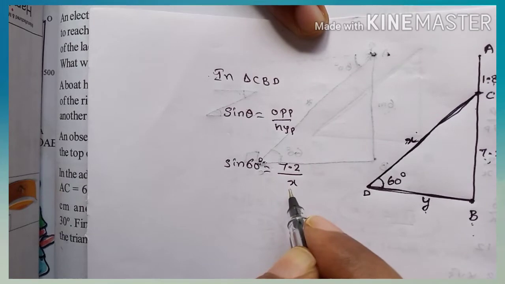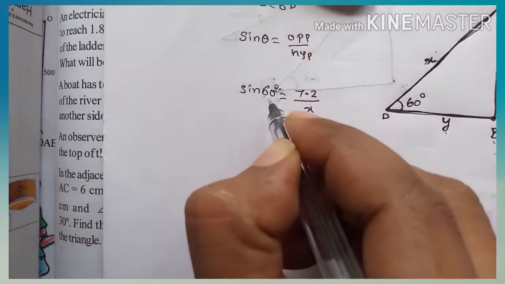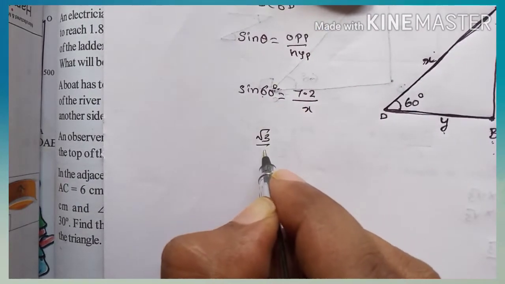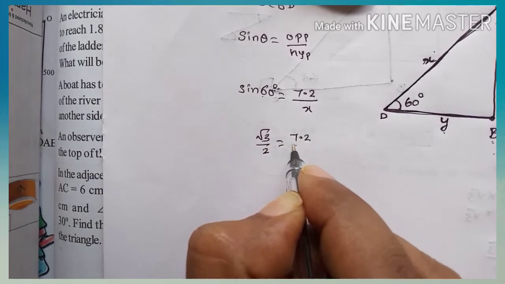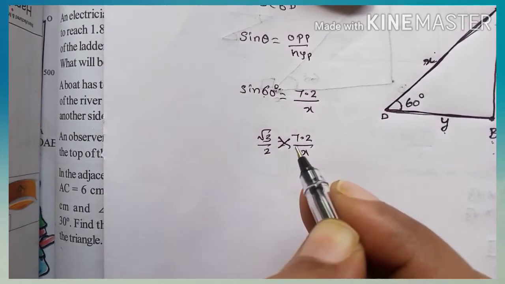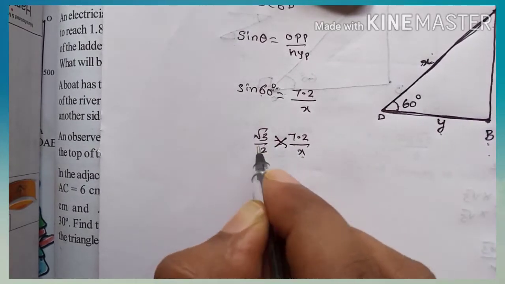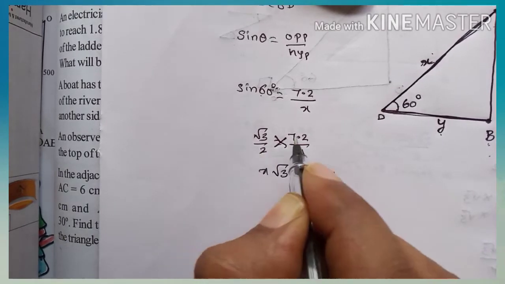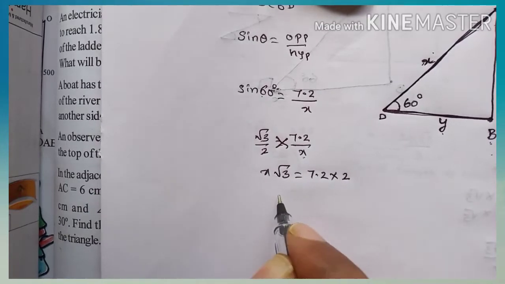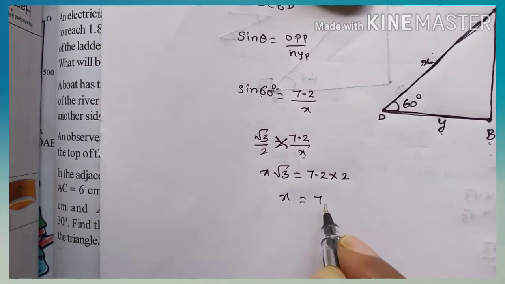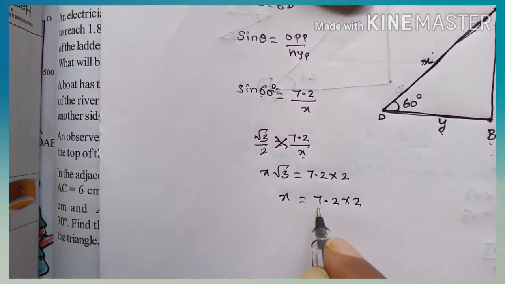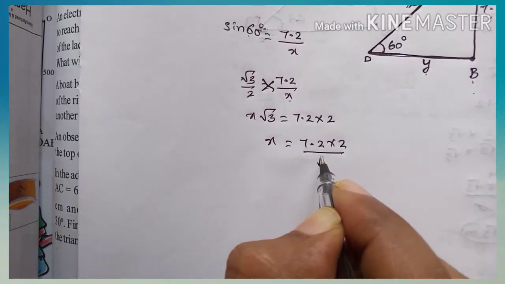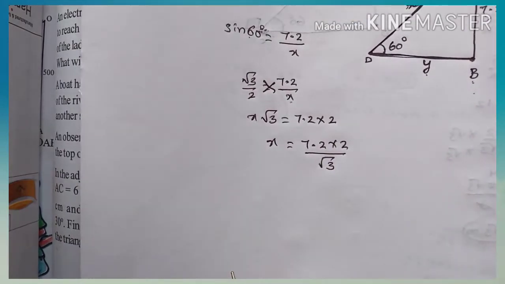So this x we have to calculate now. Sin 60 is root 3 by 2, equal to 7.2 by x. Apply cross multiplication: x into root 3 equals 2 into 7.2. So the value of x is 7.2 into 2 by root 3.